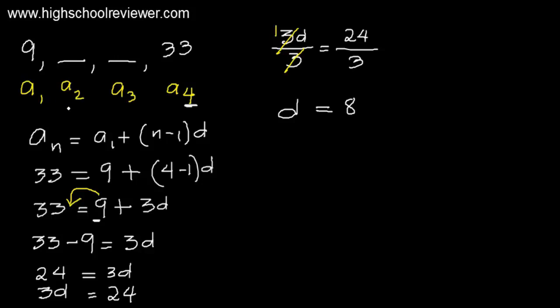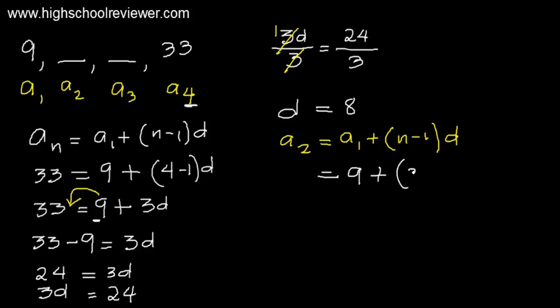We will just find for a sub 2 and a sub 3. So a sub 2 here, a sub 2, this will be equal to a sub 1 plus n minus 1 multiplied by d. Okay, so our a sub 2 will now be equal to our a sub 1 is positive 9 plus our n here, since this is 2, our n will be 2 minus 1 multiplied by d, which is positive 8.